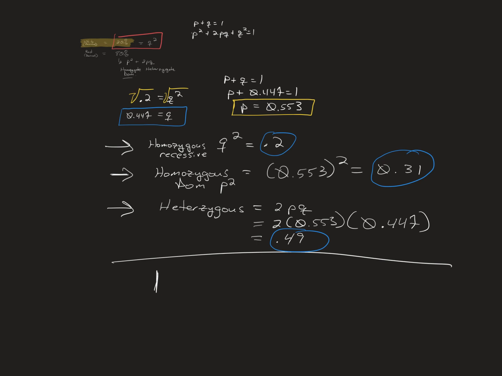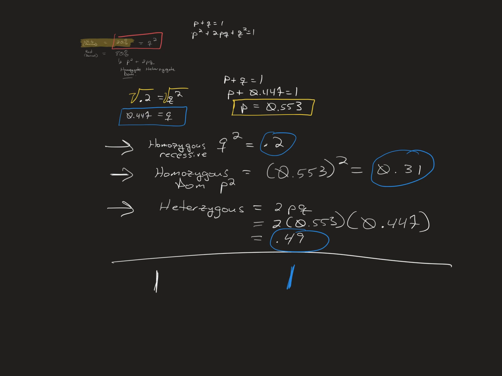Is it 1? Oh, so it worked out. So it's 1. That's what we expected. We expect them to come out as 1 if the population is at equilibrium.